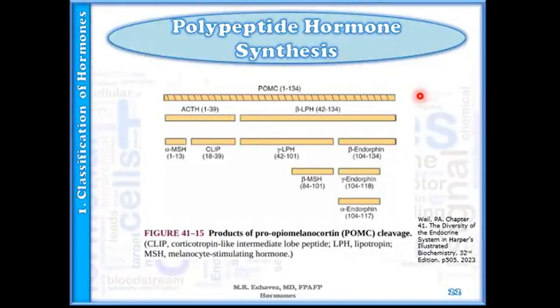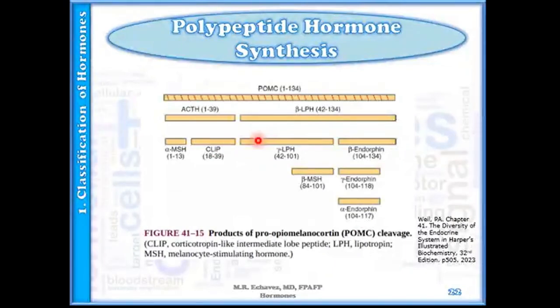There are 3 polypeptide groups generated from the POMC precursor. So as I mentioned, your ACTH, which can give rise to your alpha MSH with amino acids 1 to 13, and your corticotropin-like intermediate lobe peptide.